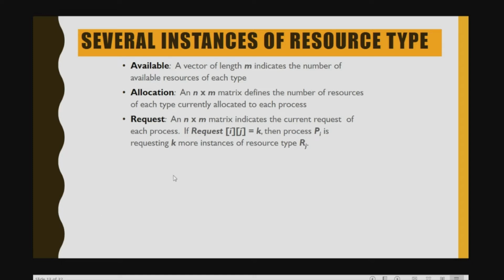Then we have request, an n times m matrix indicating the current request of each process. If Request[i][j] equals k, then process i is requesting k more instances of resource type j. So i refers to the process, and j refers to the resource.